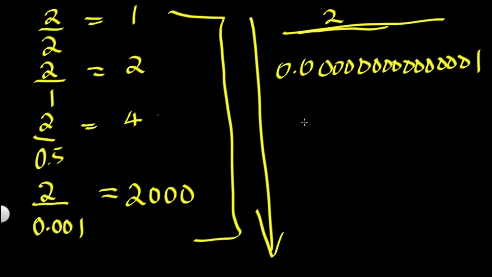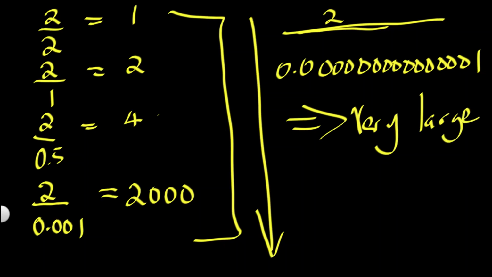The answer becomes very large. So the smaller the divisor, the bigger the quotient. Now we imagine 0 to be a very, very small divisor, which means the quotient becomes very, very large. That is what we call infinity.